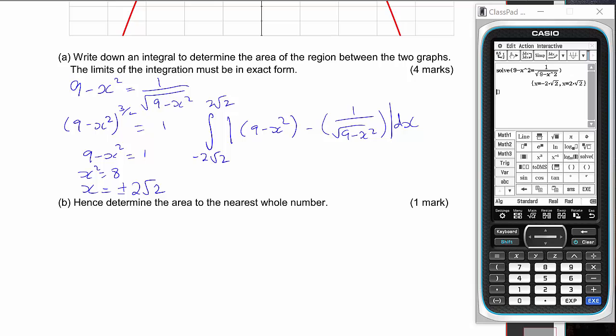So in the next part, it's just 1 mark. We just need to do that integral.